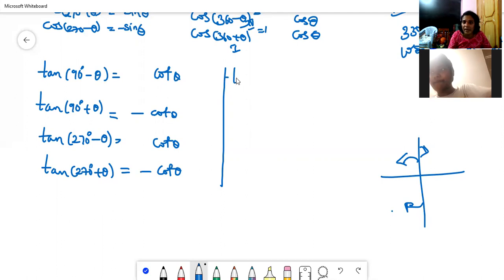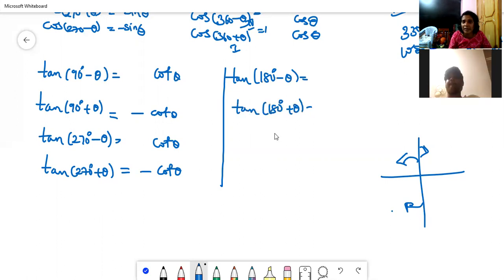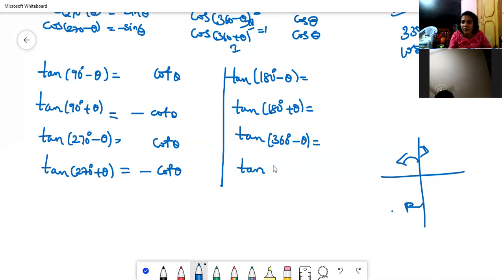The same way, tan of 180 degrees minus theta, tan of 180 degrees plus theta, tan of 360 degrees minus theta, tan of 360 degrees plus theta.